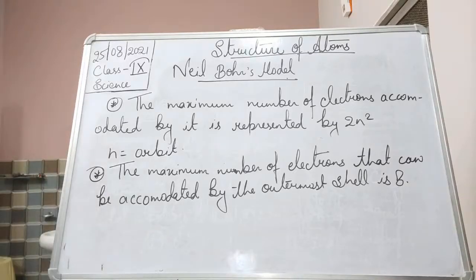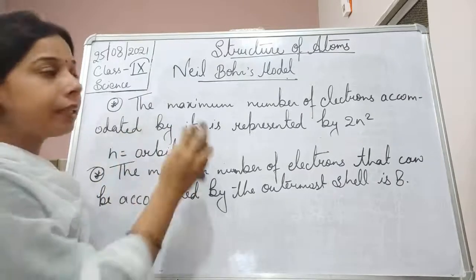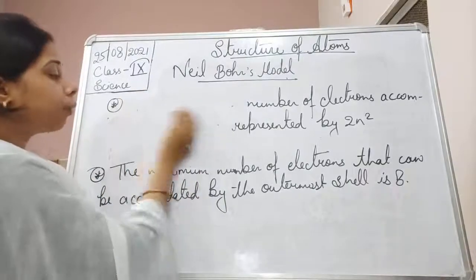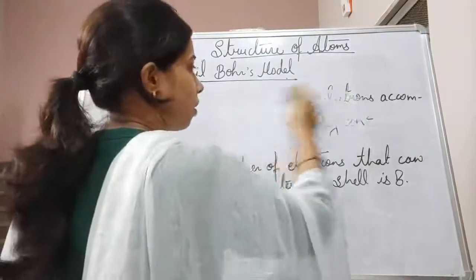Then the next one is electrons. While filling, it always starts filling with the inner shell. Only then will it enter into the outer shell.